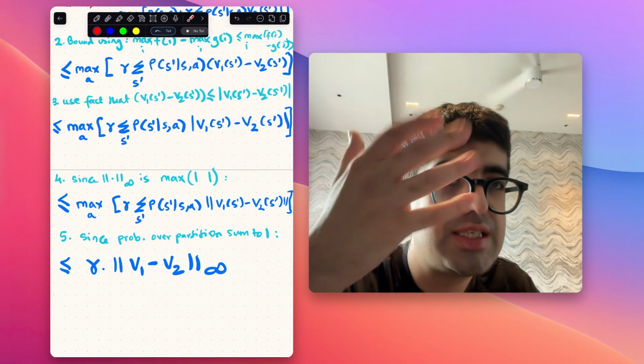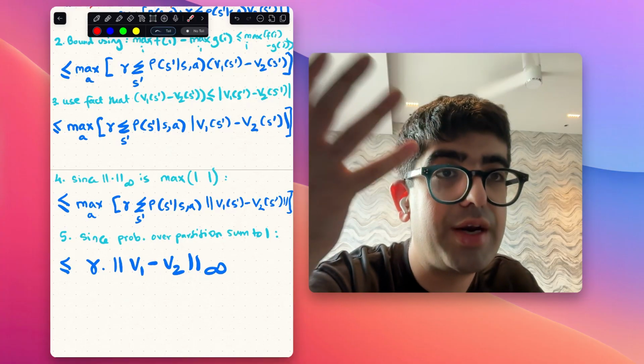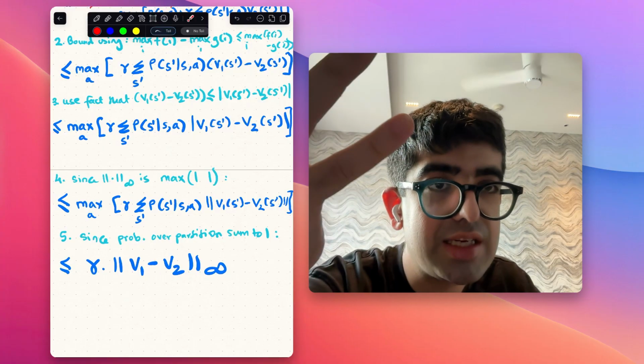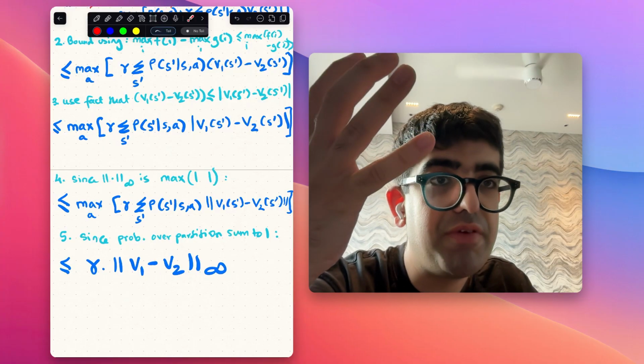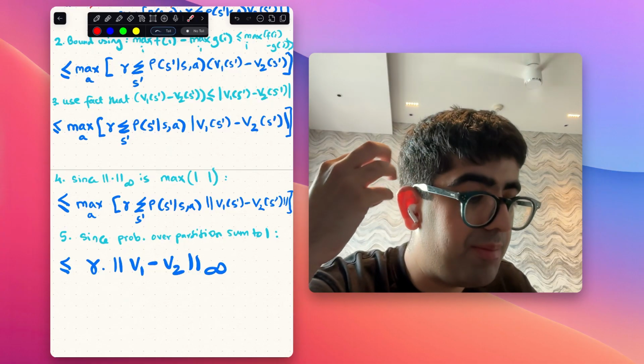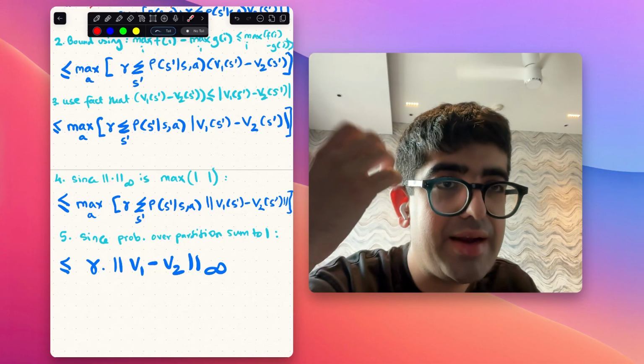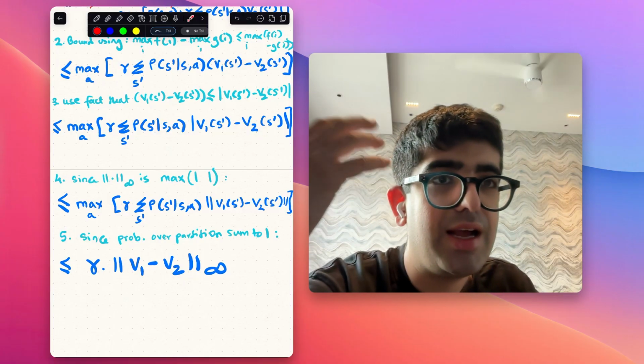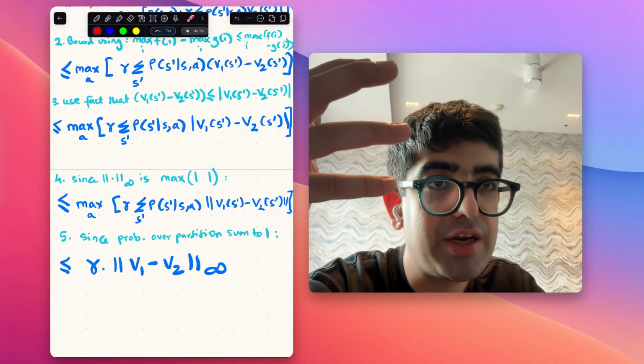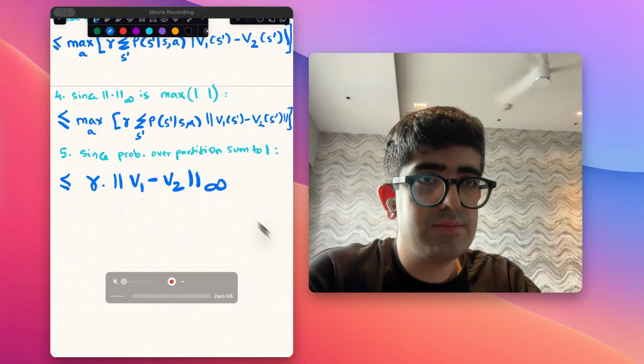So we can say that the Bellman operator is a gamma contraction, which means that it shrinks the distance between its inputs by a factor of gamma at every step or iteration. And this is a significant result.